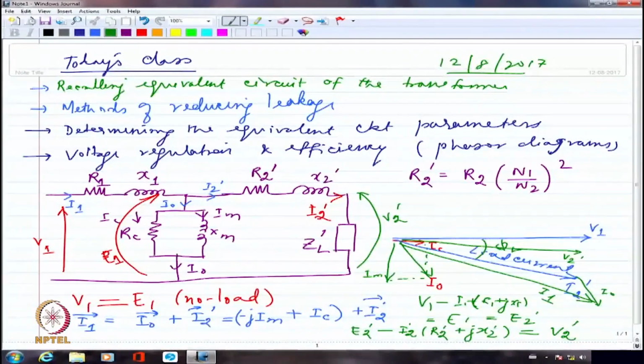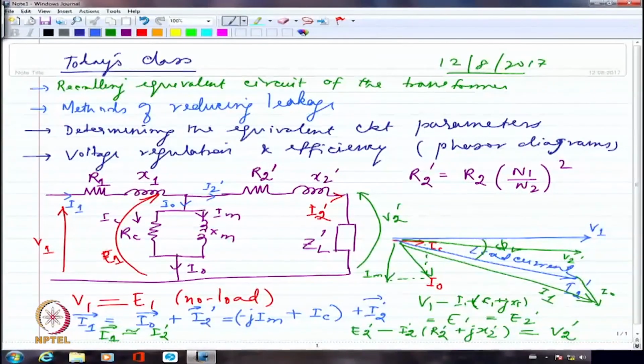Am I right? So, rather than doing that, although I have written all these fully, I can say I1 is approximately equal to I2 dash. No harm in writing that, after all, because the no load current is really, really small. So as an approximation, to V2 dash I am going to add I2 dash times (R1 plus R2 dash) directly.